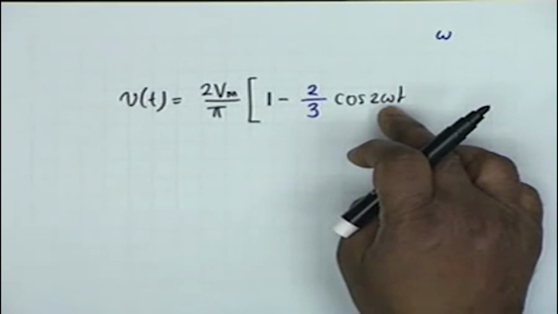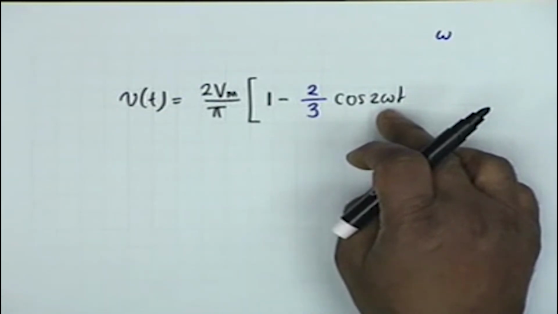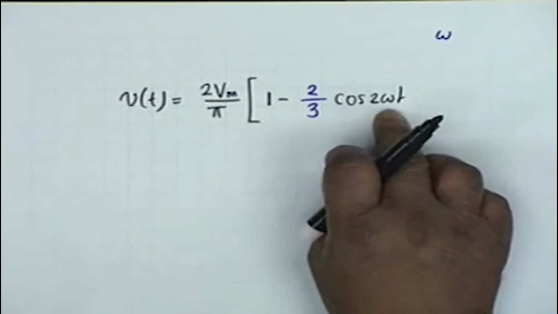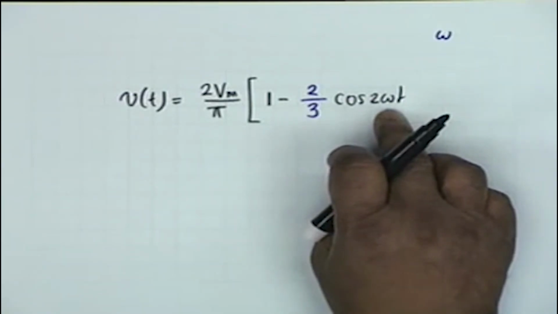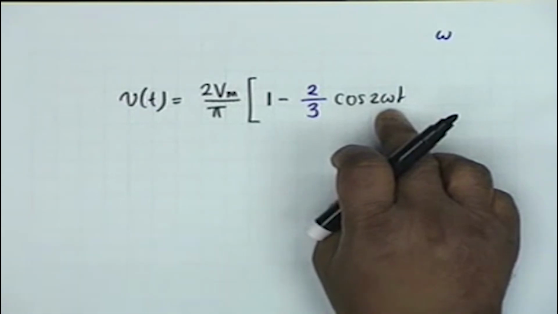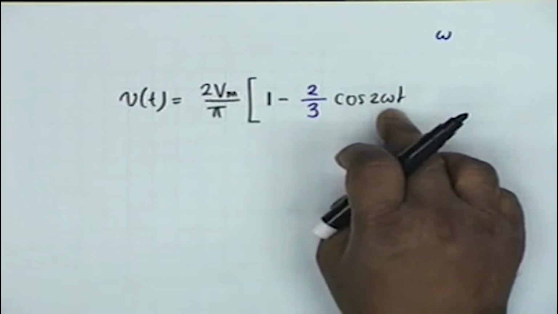Input frequency is omega and this is 2 omega. Any frequency which is an integer positive multiple of another frequency is called a harmonic. 5 omega is the fifth harmonic, 10 omega is the 10th harmonic, 2 omega is the second harmonic, and what is the frequency of the first harmonic? First harmonic and fundamental are the same, that is omega.